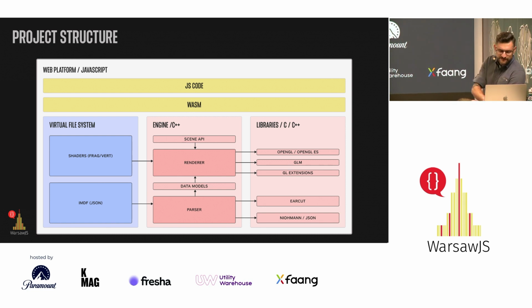By the Scene API, a developer can define everything related to the scene, like the position of the camera, the lighting setup, and load the data model. On the right side there are the libraries I just described, and on top of this there is WebAssembly to glue and build everything, and on top there's JavaScript code where everything is executed.